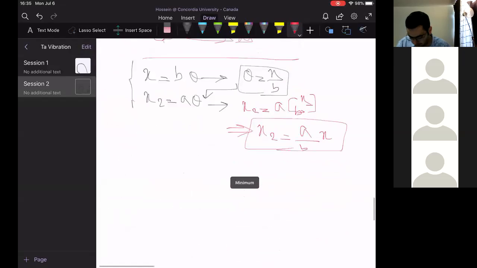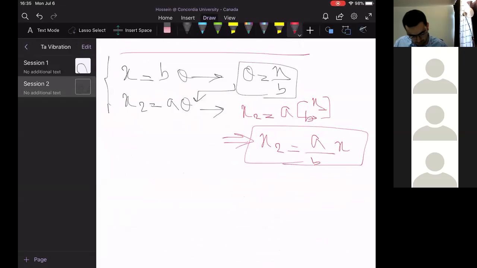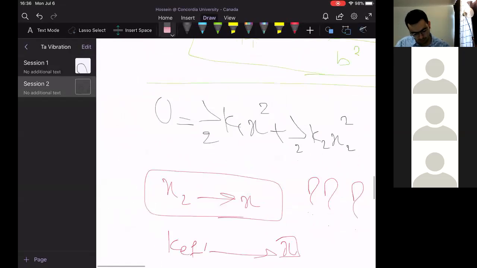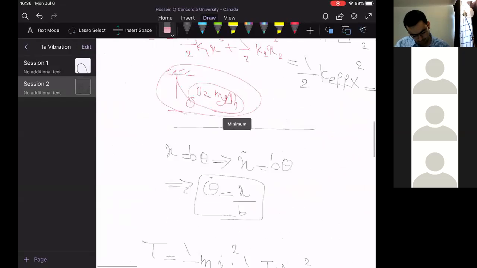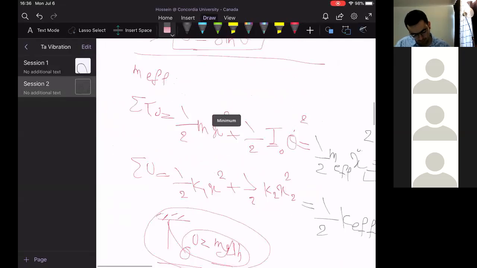So if I plug it back in, I'll have... Sir, I think you have a small mistake. I think x is equal to a theta, and x2 is equal to b theta. Okay, I will take a look. Thank you for mentioning that.